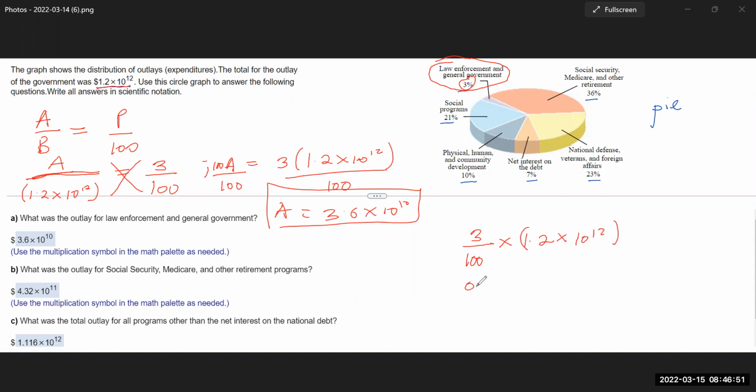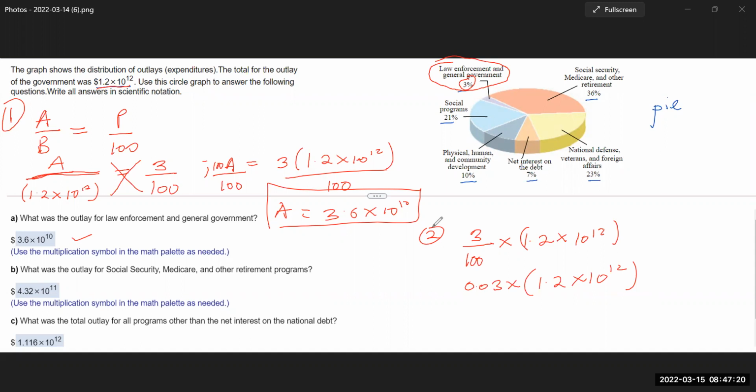And this is 0.03 times 1.2 times 10 exponent 12, and that should give you that. So this is method one and method number 2. You notice that method number 2 looks more simple, right?